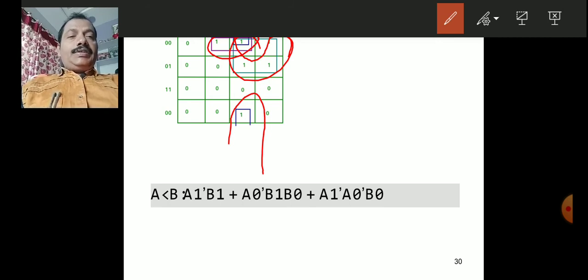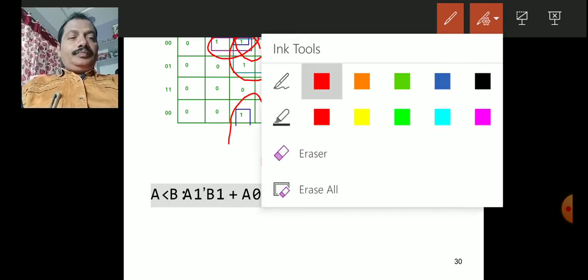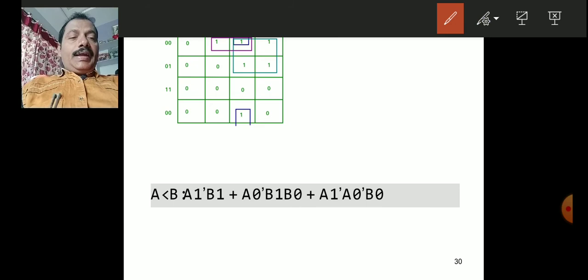After that, for the first quad you have to write the simplified expression. So let me write for the quad. The quad is occupying 2 rows and 2 columns. In the 2 rows, A1 is not changing, A0 is changing.